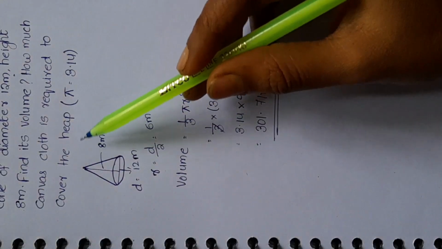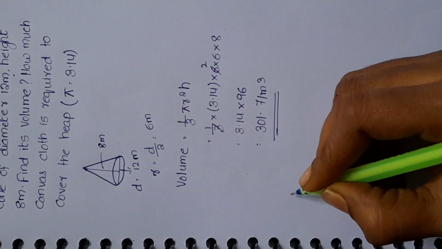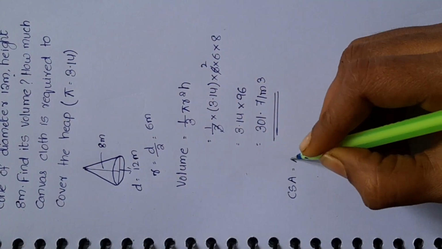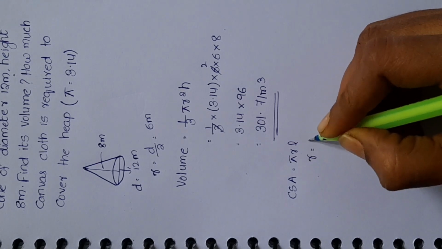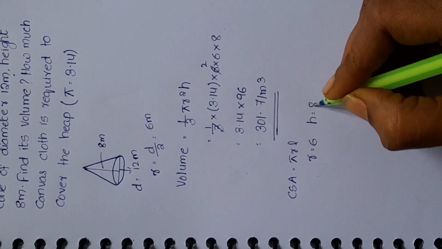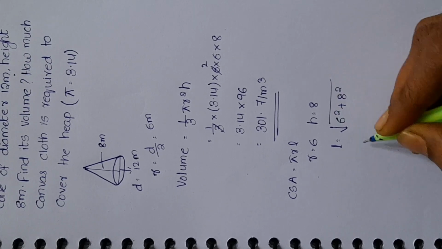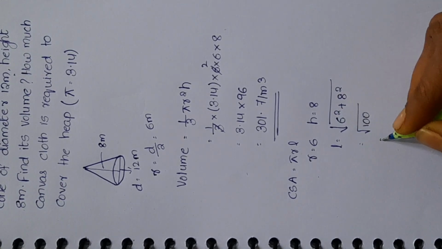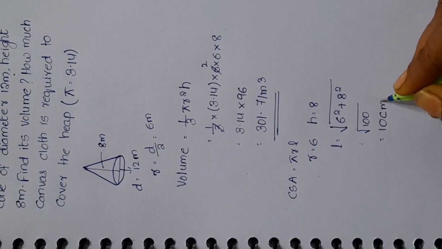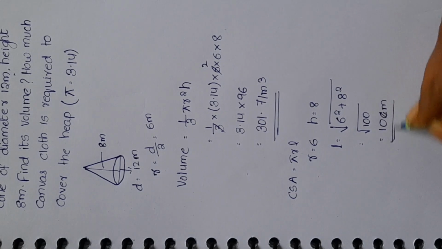Now the canvas cloth required to cover the heap is the curved surface area pi r L. We know r is equal to 6 and h is equal to 8. L is equal to root of 6 square plus 8 square. That is root of 100. Root 100 value is 10 meters.